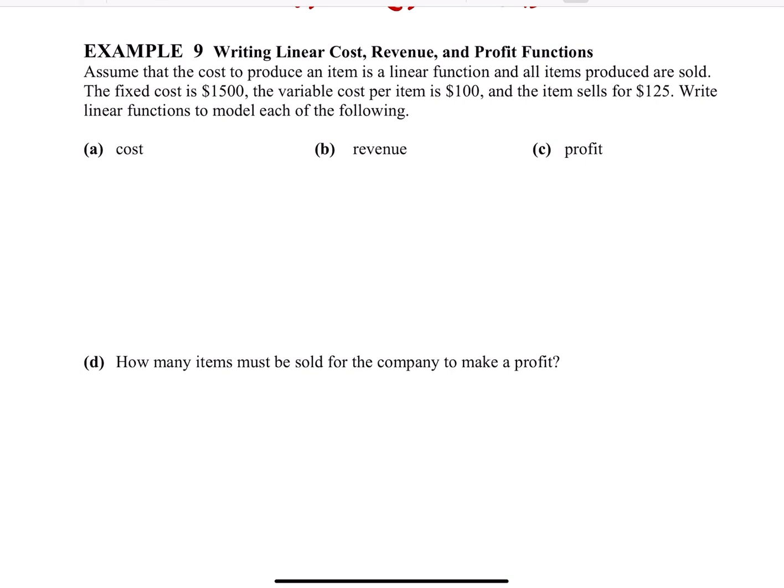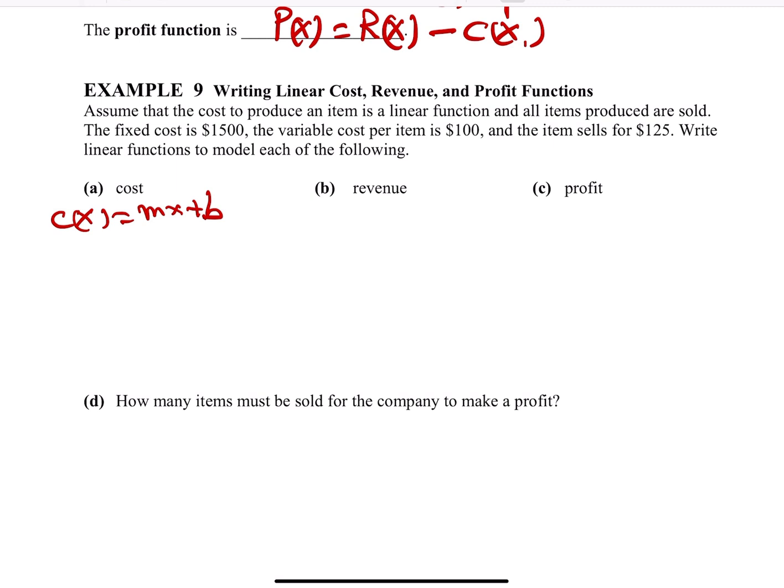Okay, number 9. The problem here is easy. Just use the formula. You will have C(x) is equal to mx plus b. And then here, if you read the question, you have the 100. The 100 is the m. And you have also the b.